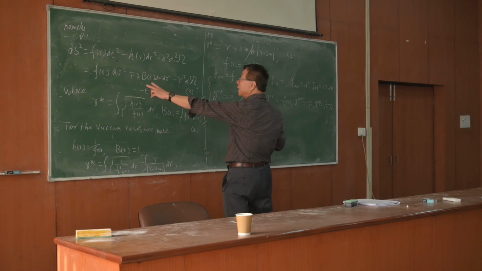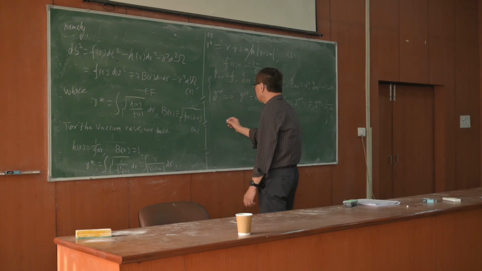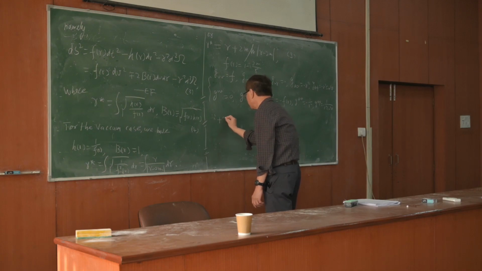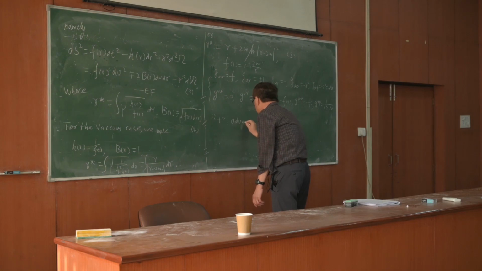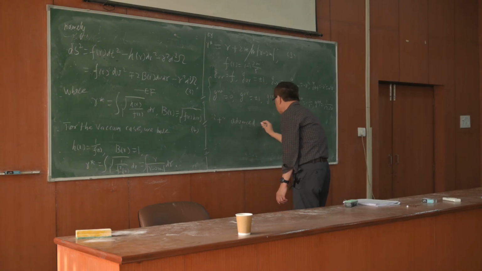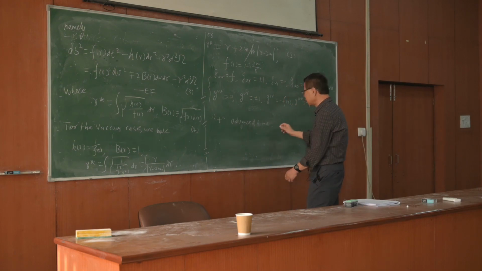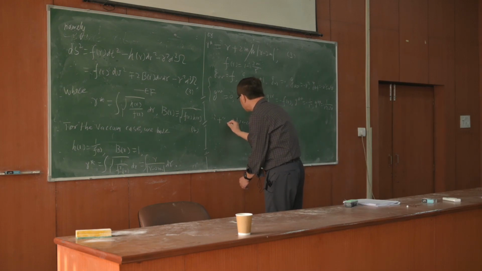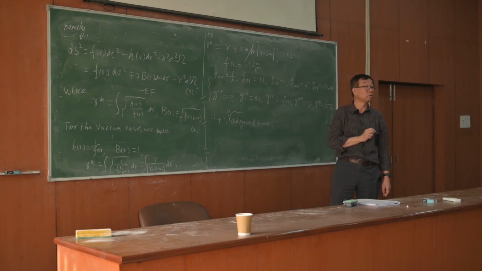You see I have a minus sign, plus sign actually. The minus sign we normally call the advanced time. So in this case the v coordinate represents the advanced time.